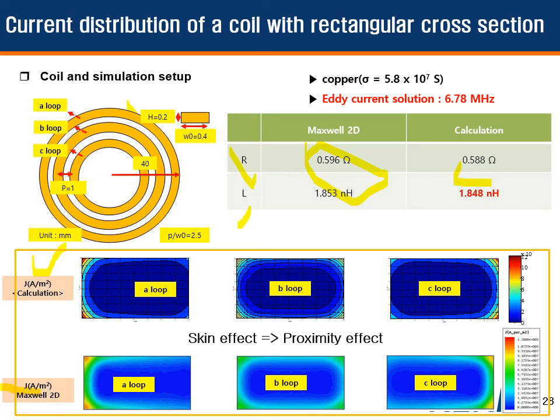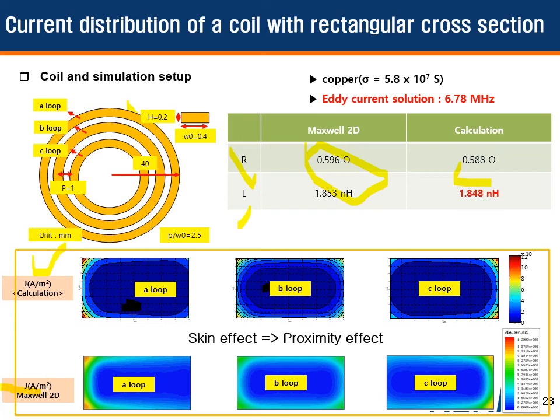Here is the current distribution. Maximum current is red and blue is the zero current. See the B loop current distribution here.